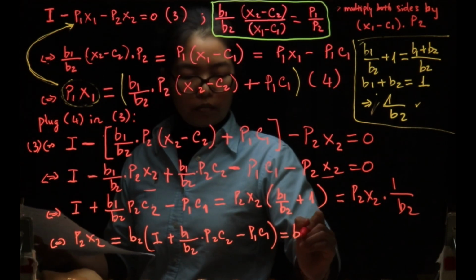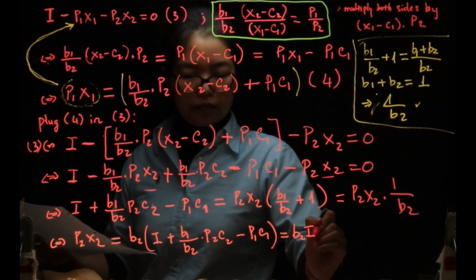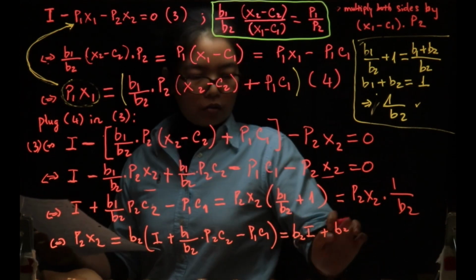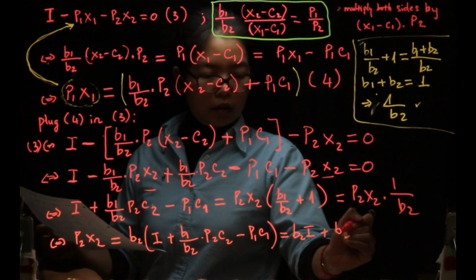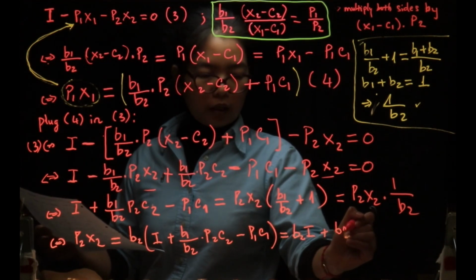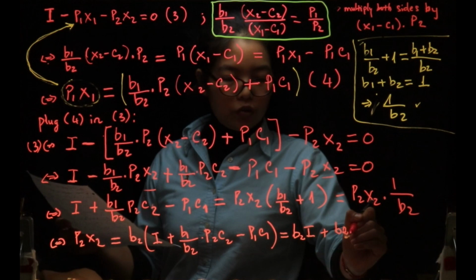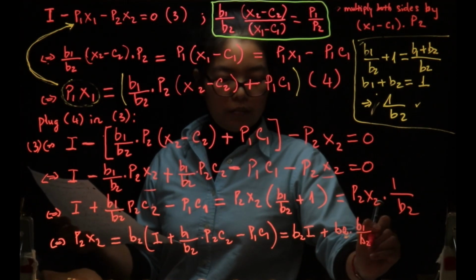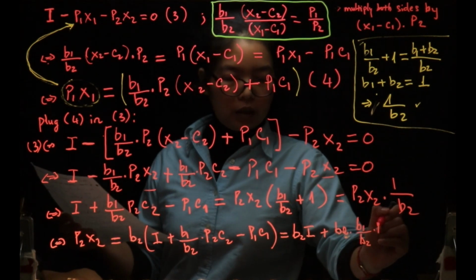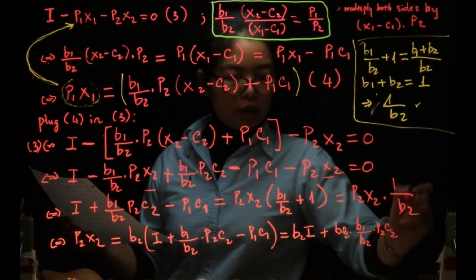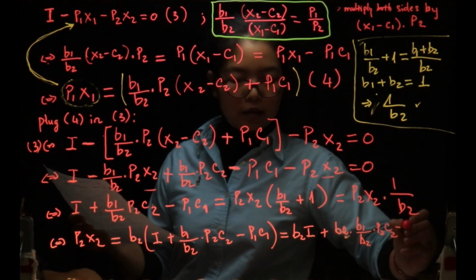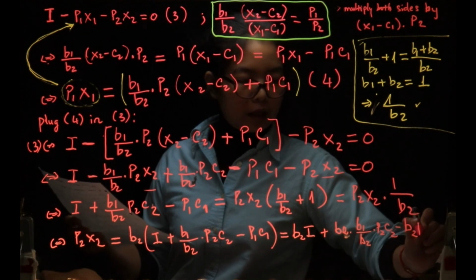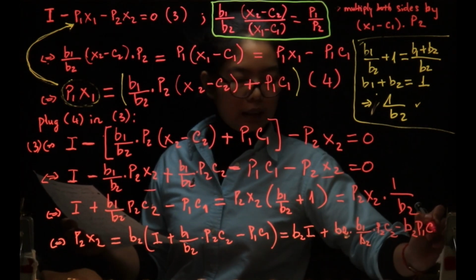So b2 I plus, well, actually, it's right, b2 times b1 over b2 times p2 c2 minus, again, b2 times p1 c1, right?